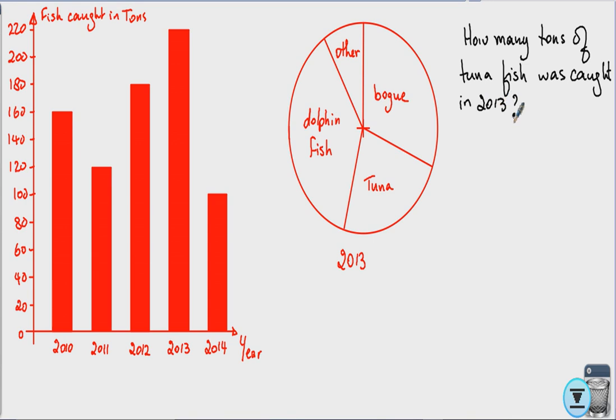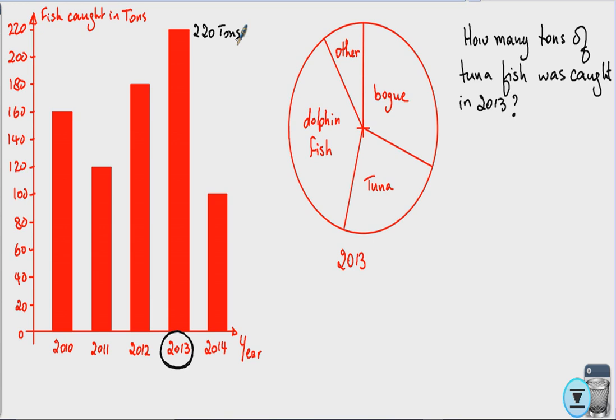So, from the whole graph, I'm interested in 2013. So, 2013 is my primary source of information, and I know that in 2013, 220 tons of fish was caught.